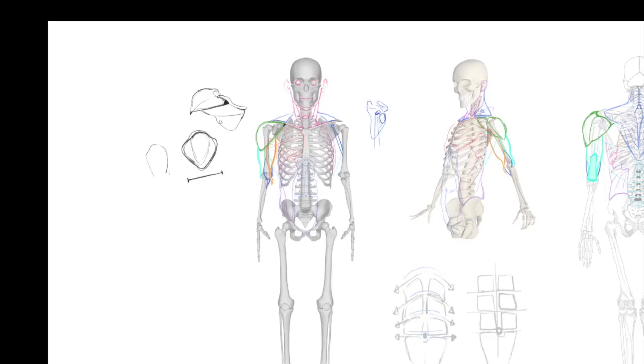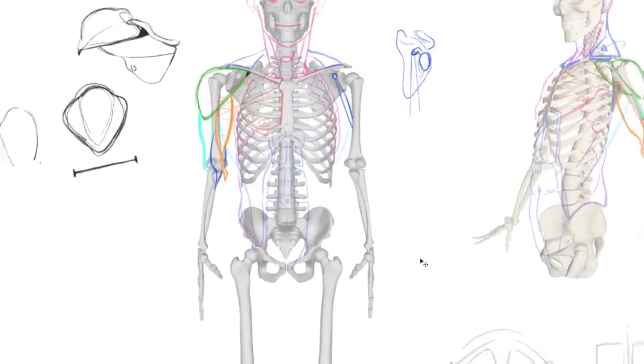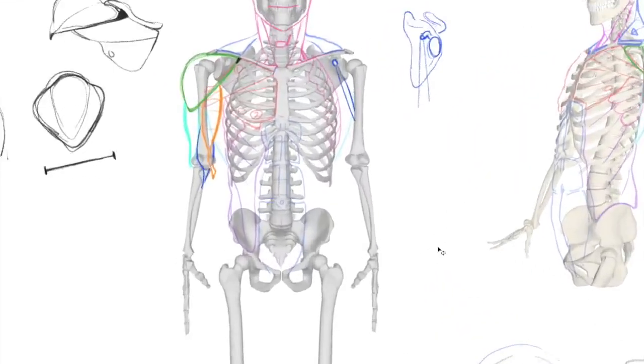Okay, let's go to forearms. The forearm has so many muscles. Definitely there are three major groups. We're going to group them into three. With that, you guys can start your character drawing. Just like I said, how the forearm rotates is kind of tricky.